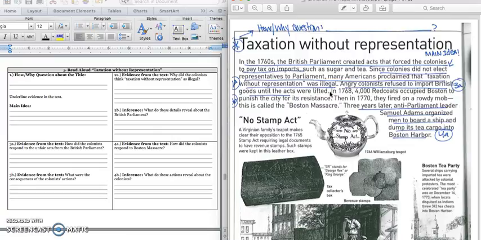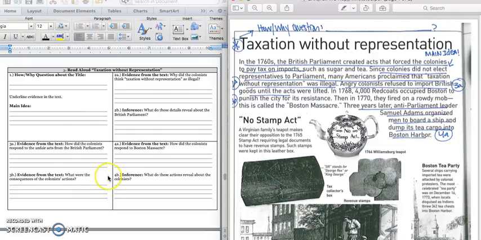So they would not let ships from other countries that had things they could buy on them into the harbor so that they couldn't sell the goods, which means the colonists didn't have to pay the taxes. So in 3A, we would write, the colonists responded to the unfair acts from the British Parliament by being angry and refusing to buy British goods. Press pause to write down your answer and play when you're ready for 3B.